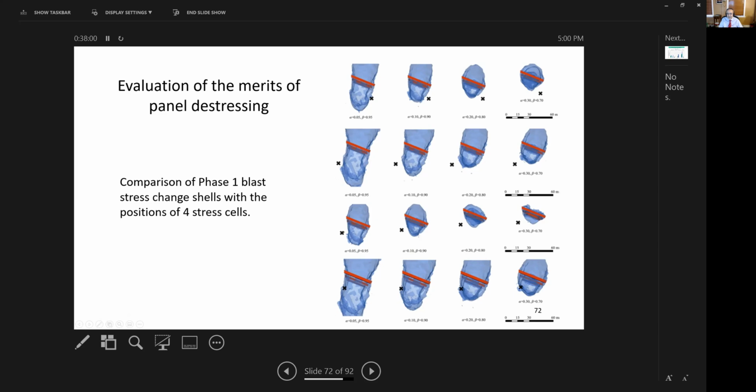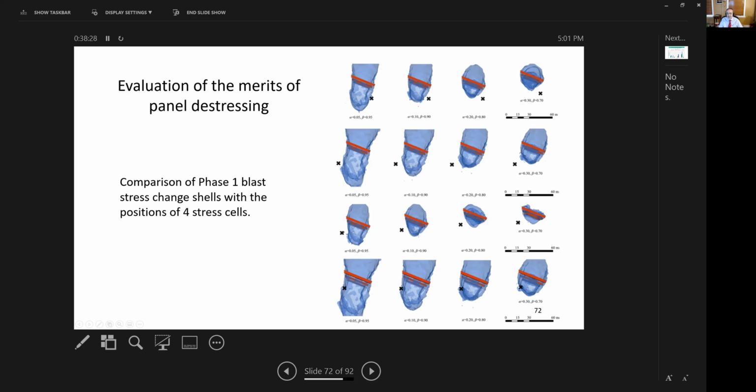If the X is over or inside the boundary of the blue shell, as you can see in the first column here, it means alpha and beta are the calibrated correct values that will render the computer model matching the stress changes by the stress cells.